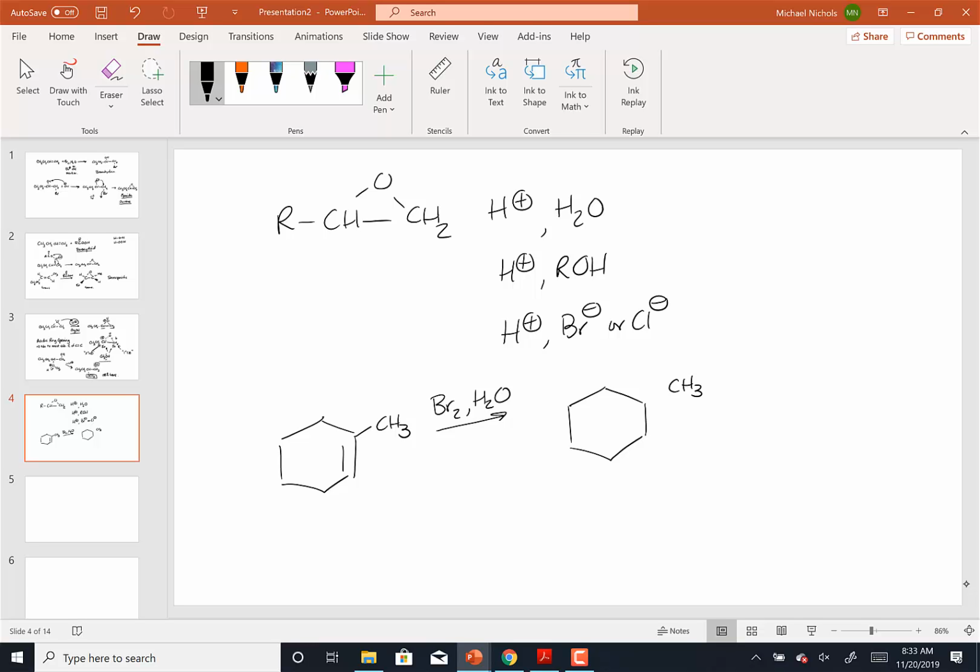So my first question would be, Br2, H2O, what am I adding? Seems like I just asked this question about 20 minutes ago. Br and OH. Okay, where is the Br going to add? To the top carbon or the bottom carbon?